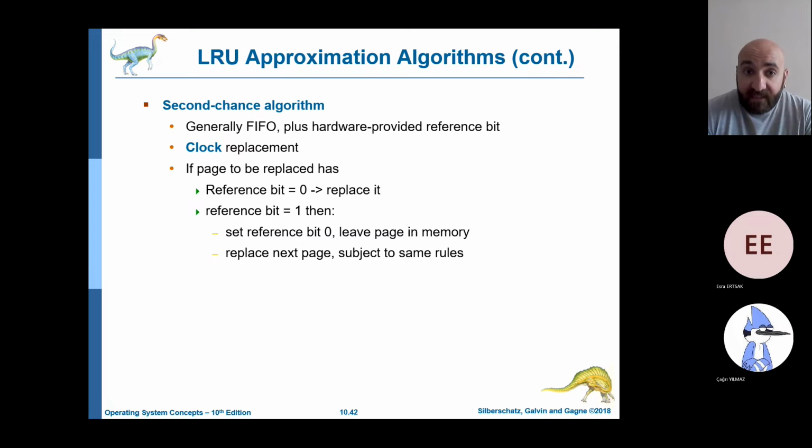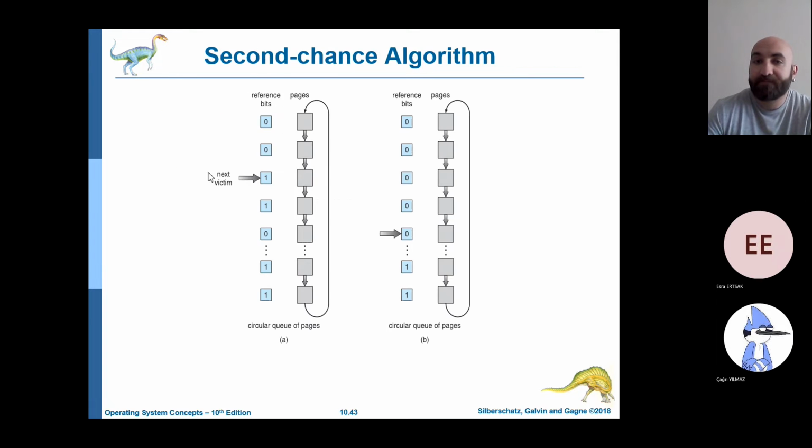When a page gets a second chance, its reference bit is cleared and its arrival time is reset to the current time. Thus, a page that is given a second chance will not be replaced until all other pages have been replaced or given a second chance. In addition, if a page is used often enough to keep its reference bit set, it will never be replaced. So it's a good approximation based on that.